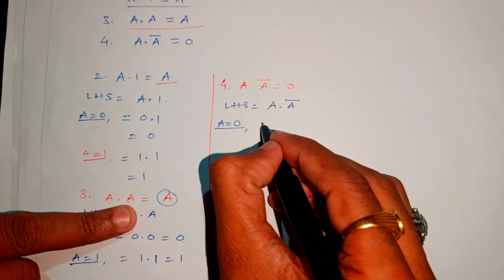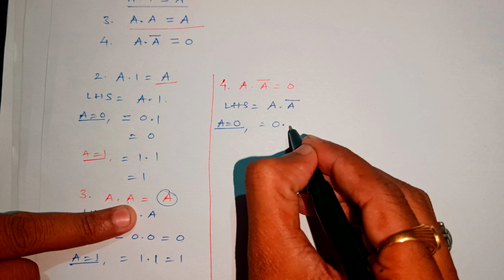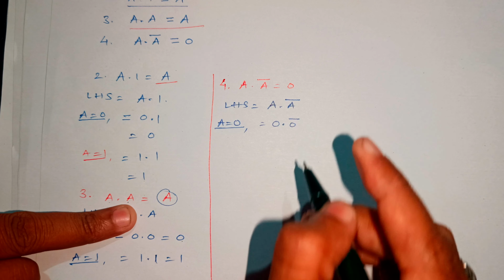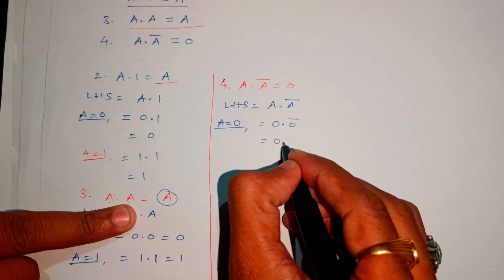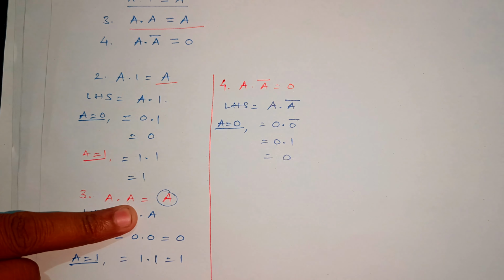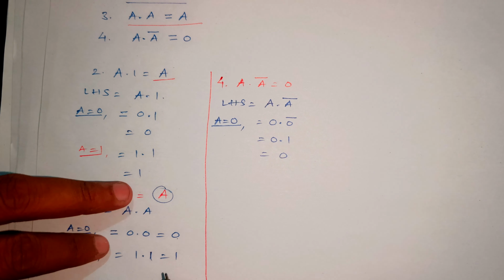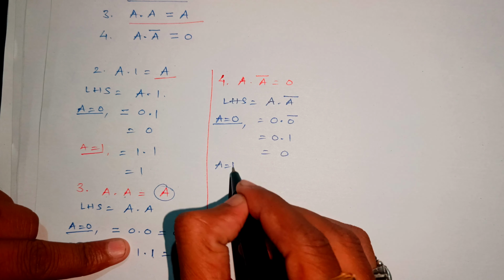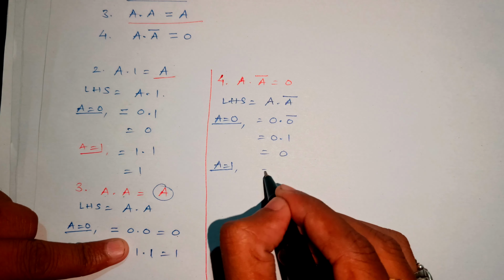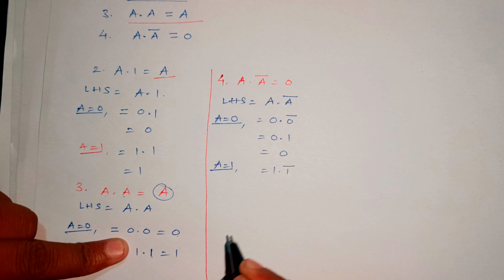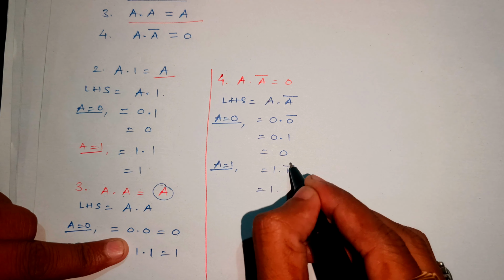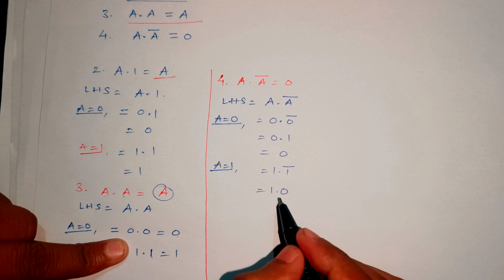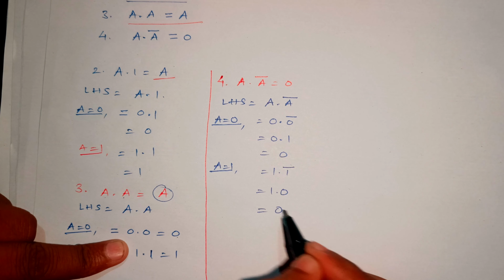We'll get this equal to 0 into 0's complement. Now the complement of 0 is 1, so we'll get 0 into 1, which is nothing but 0. Fine. Next, if we consider a as 1, we'll put this here, 1 into 1 complement. 1 complement will be 0. So again 1 multiplied by 0 will be 0.